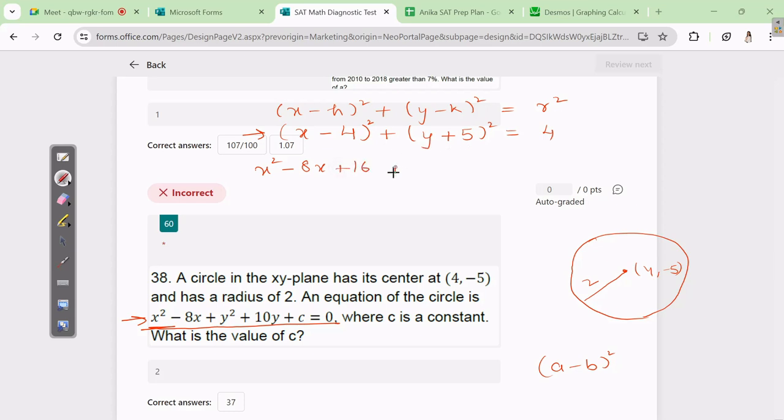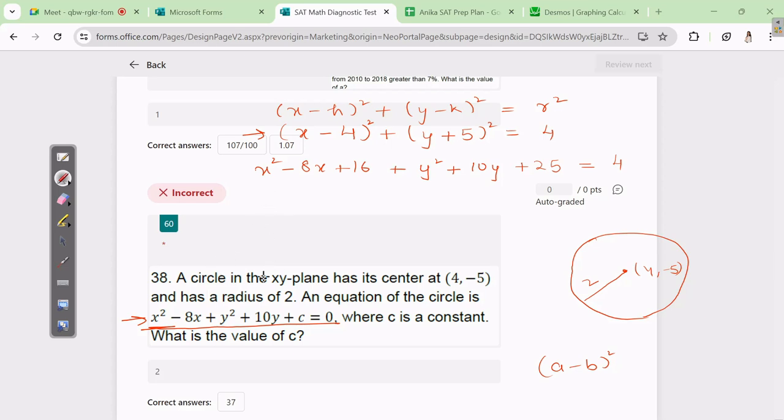And then the second term, (y plus 5) squared, will be y squared plus 10y plus 25. Equals to 4. Okay. So now can I combine the different terms?